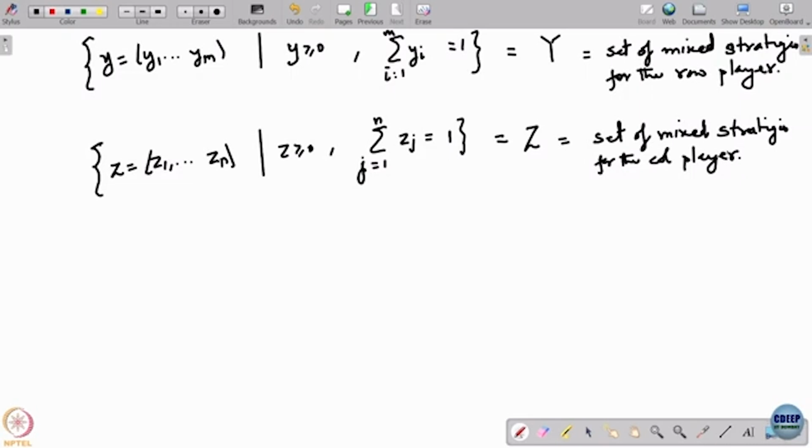They just decide the probability with which they are being chosen using y and z. Okay. So, players decide the probabilities with which these are to be chosen, but they have to actually act, choosing a column or a row. So, row i is going to be chosen randomly, column j is going to be chosen randomly.